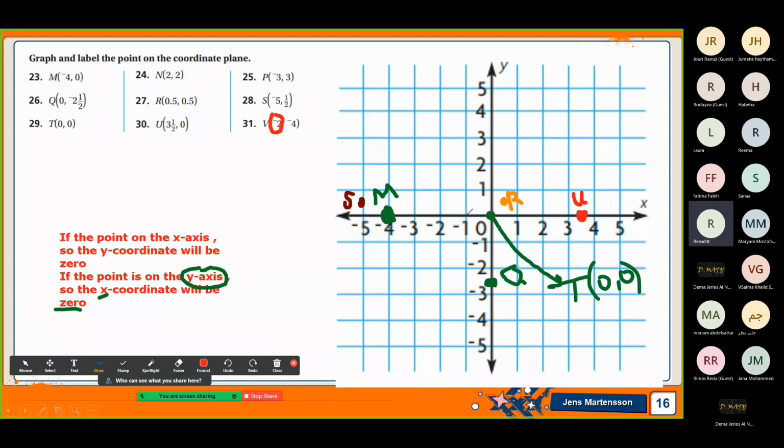So do you have to go to the right or to the left? To the left, bravo. So you are here now. Then where do you have to move your point? -4, up or down? Down. How many units down? 4. Bravo. So here is point V.